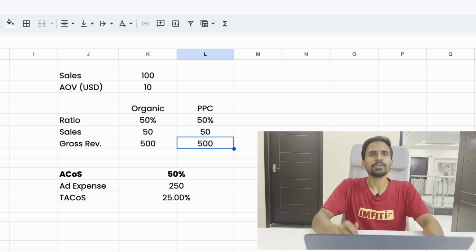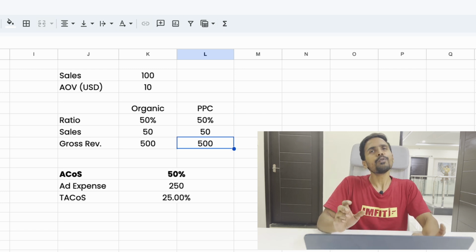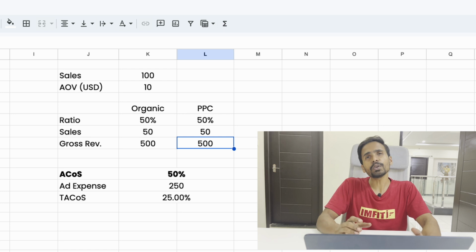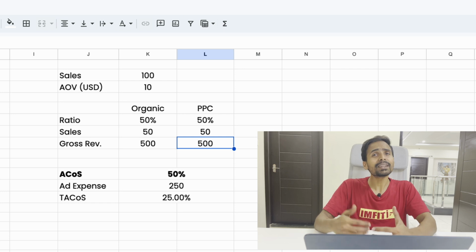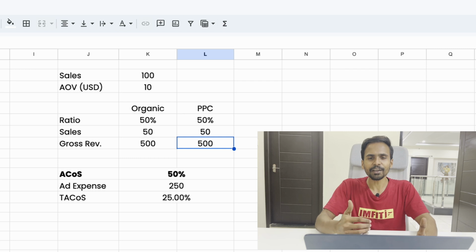Let's assume you have got a product which has got 40% margin. You want to operate in such a way that your TACoS is much lower than 40%, because only then you can make some money. Coming back to this example, we know that we generated a revenue of $500 through PPC.